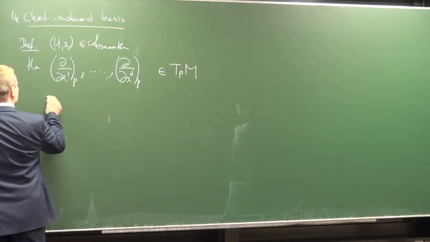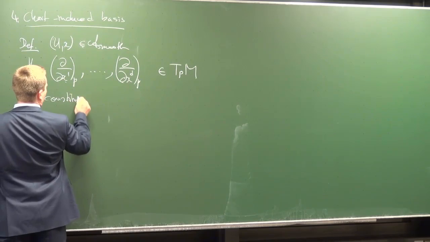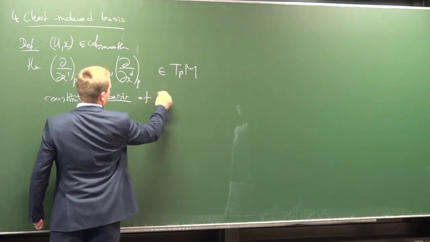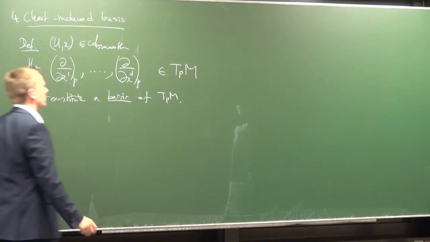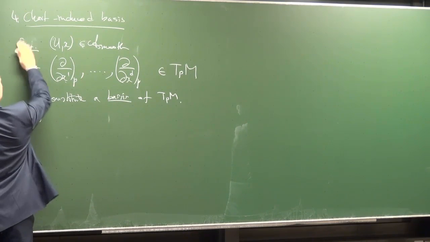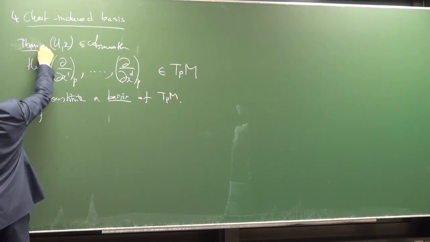And they constitute a basis of TPM. Okay, so we already saw they generate TPM because I can represent every vector in that basis. It remains to show, proof, so it's not a definition, it's a theorem, well, of the easy type.